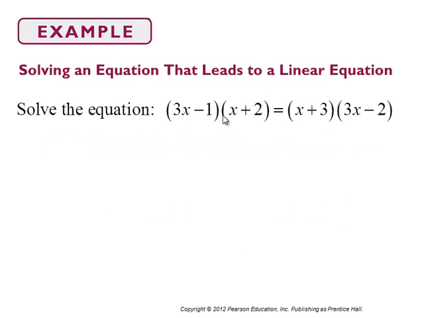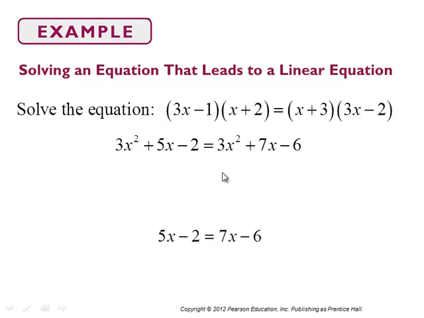Now, not all of your equations are going to look exactly in the form of ax plus b equals 0. But with a little bit of algebraic manipulation, you can turn them into linear equations. So, for example, if you have 3x minus 1 times x plus 2, and that's equal to the product of x plus 3 and 3x minus 2, you can multiply out the left-hand side, multiply out the right-hand side, subtract 3x squared from both sides.